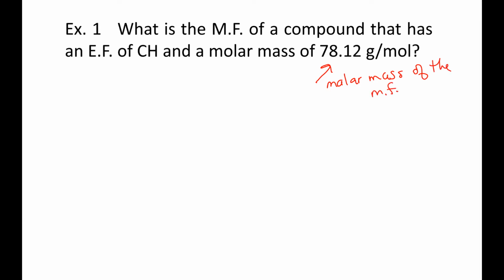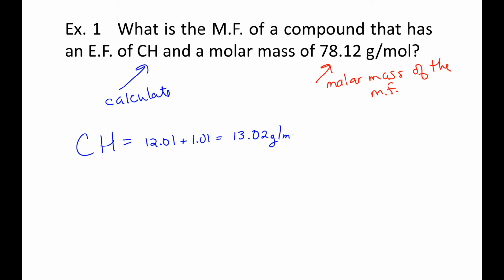We have to calculate the empirical formula mass. CH is 12.01 plus 1.01, which is 13.02 grams per mole.